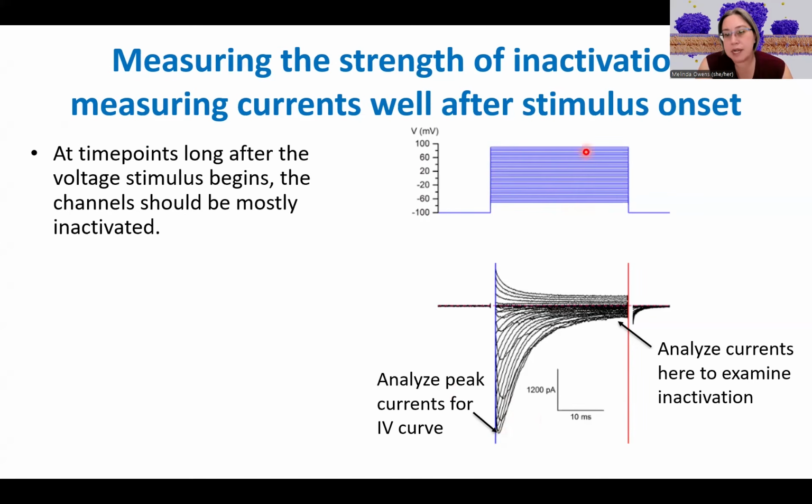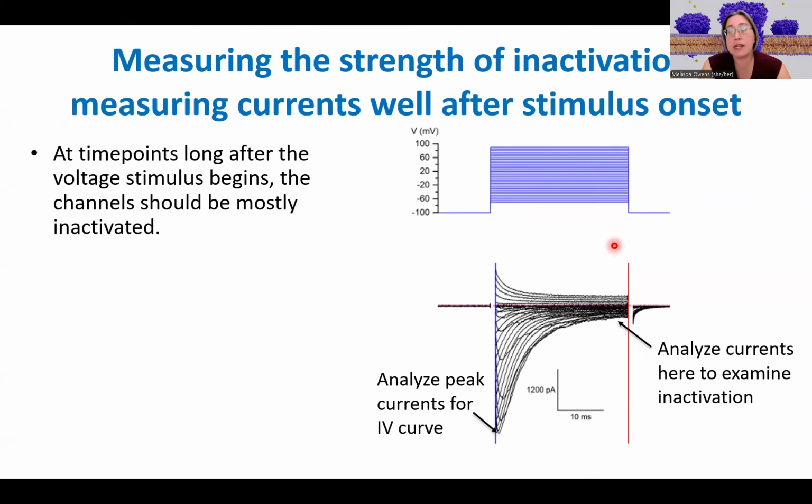But if you wait a little while, a bunch of them will start to inactivate, and you'll get less current all the way out here. If you examine the currents all the way out here, that will tell you the raw amount of inactivation.